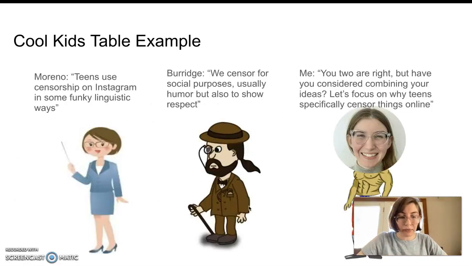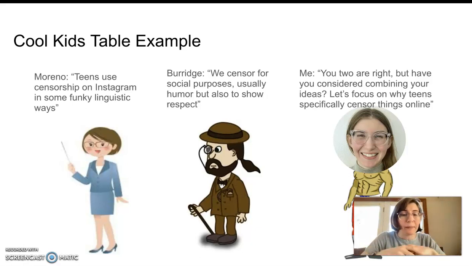So I have some examples, one of my own research and then one I made up. If you remember from the quiz, we looked at my TikTok paper, which is about how we censor taboo words online. I found a source from Moreno who talked about censorship on Instagram and how it's funky in linguistic ways. I found an article from Burge who talked about why we censor. It's for social purposes like humor and respect. So I have these two tables already sitting there.